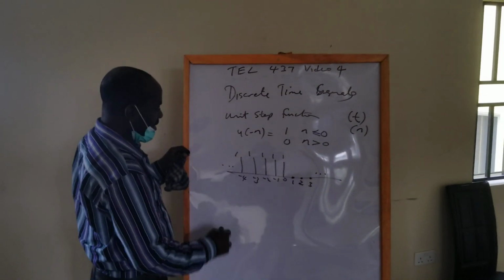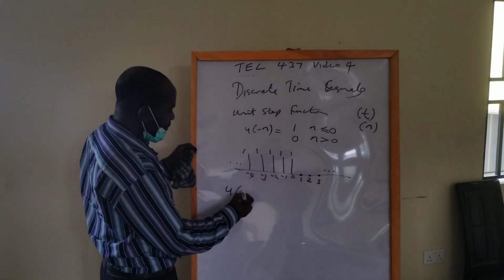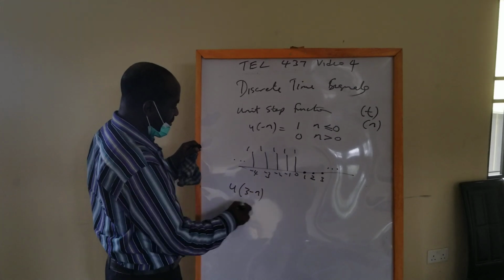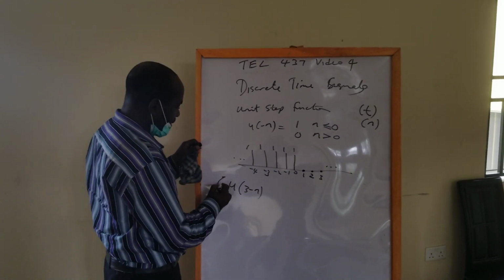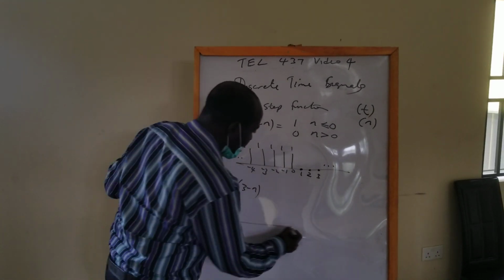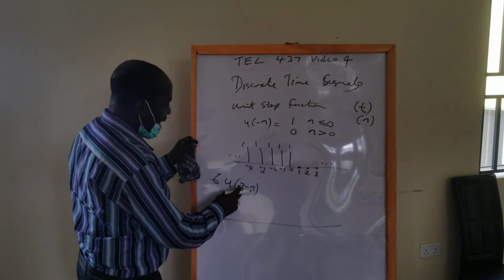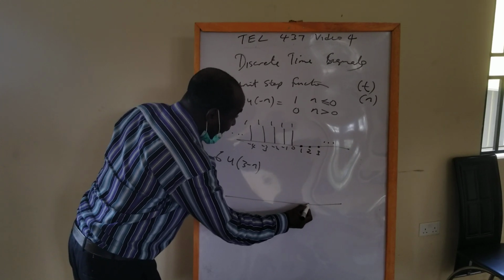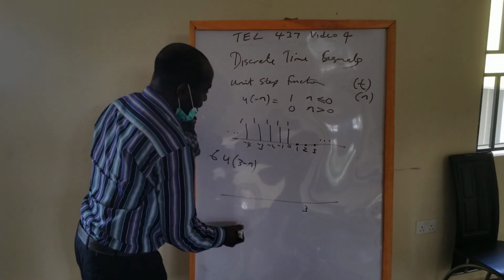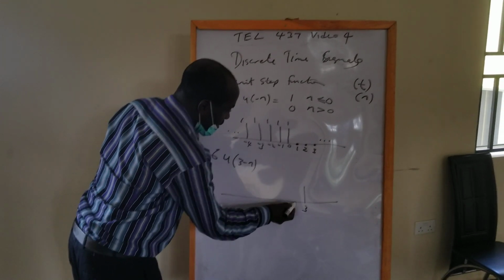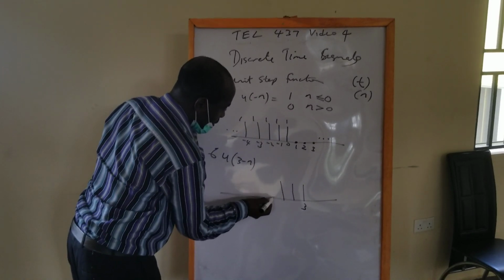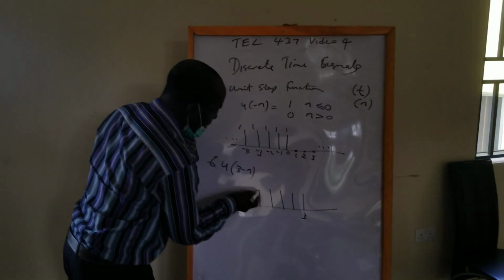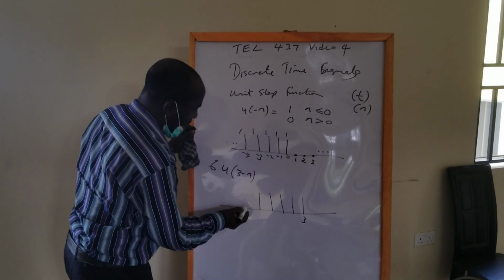So now if I have 6 u of 3 minus n, in this case, 3 minus n equals 0, n equals 3. Action will start at 3. Because minus is in front of n, it will go this side.